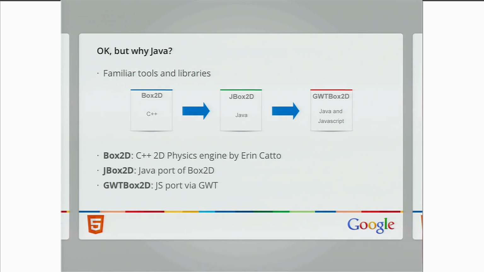A great example of this is that there's this awesome physics library called Box2D. It's used in a lot of modern games. A lot of people already know it and love it. It's had great success. And then there's a Java port of Box2D called JBox2D. JBox2D is about 11,000 lines of code. It's a big code base because physics engines are complicated things.